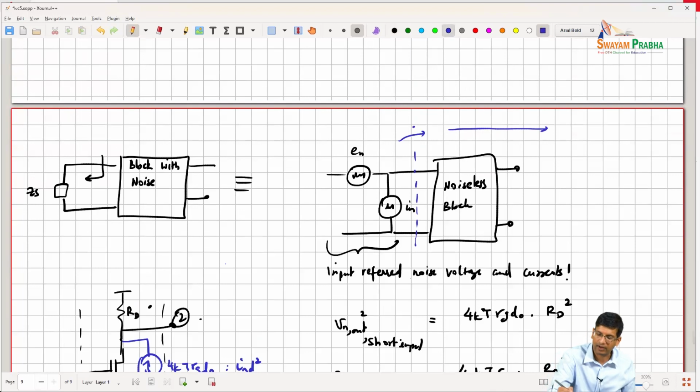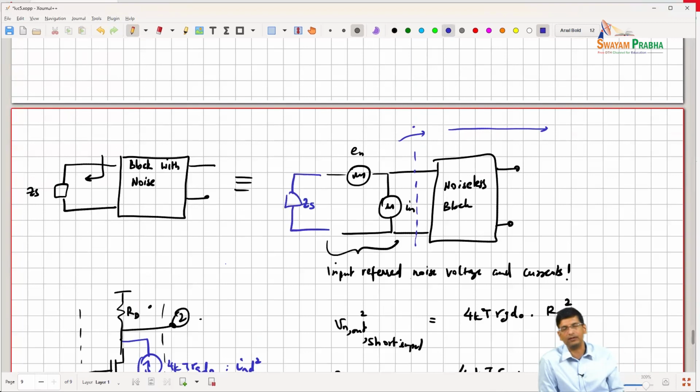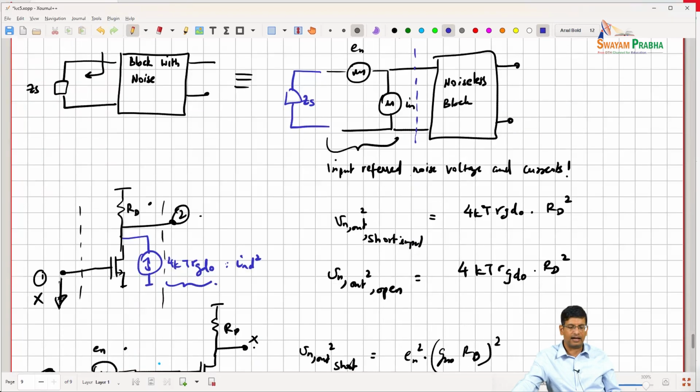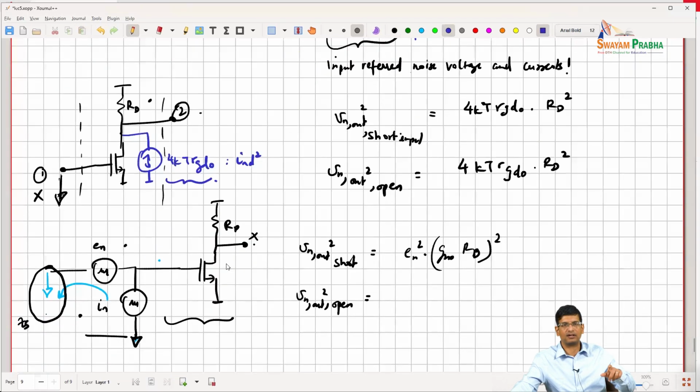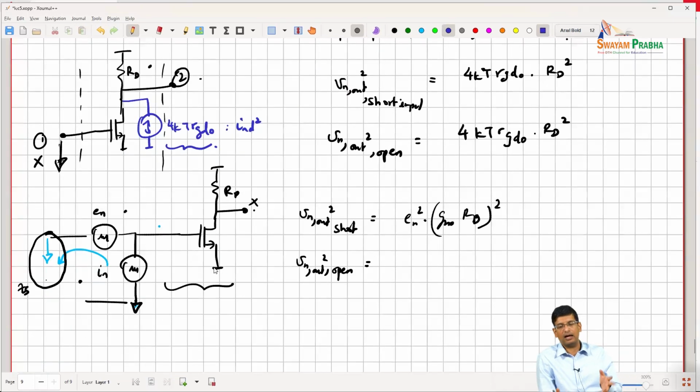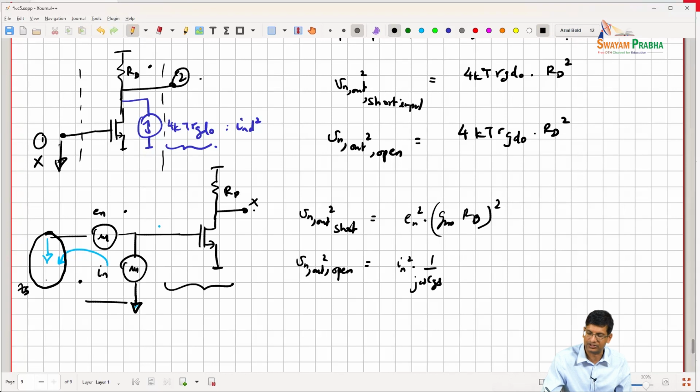The short and the open were two examples of ZS. And you can already see that without having both the noise current and the noise voltage, I will not get the right answer. But with the noise current present, I can show that this will be 1 over (j omega Cgs) squared times (gm RD) squared.